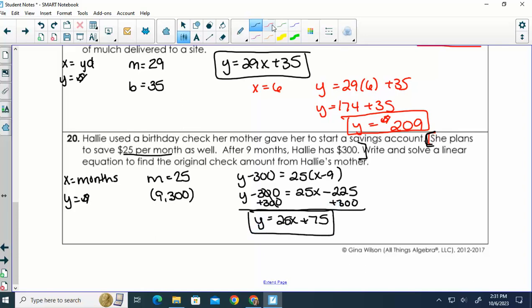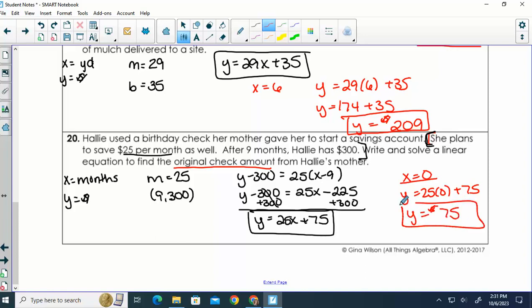Once you have the equation, we can go back. Now we have to solve a linear equation to find the original check amount. So if it's the original amount, how many months have passed? 0. X would be 0. So we would get y equals 75, and that would be in dollars. So she originally had 75.